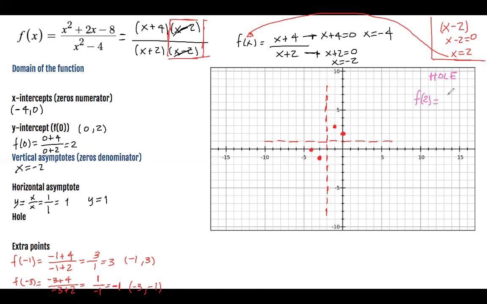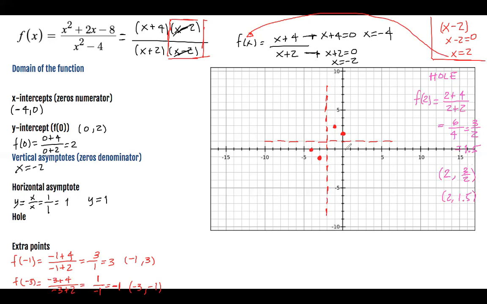So f of 2 is going to be 2 plus 4 divided by 2 plus 2. So this is going to be equal to 6 over 4. That's 3 over 2. That's also 1.5. So the hole is located at the coordinate 2, comma 3 over 2, or 2, comma 1.5. So that's going to be the position of the hole.